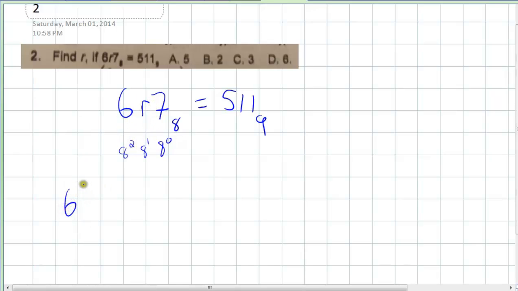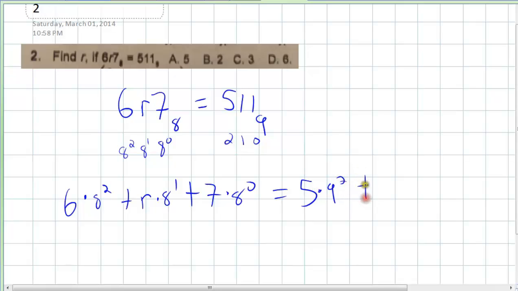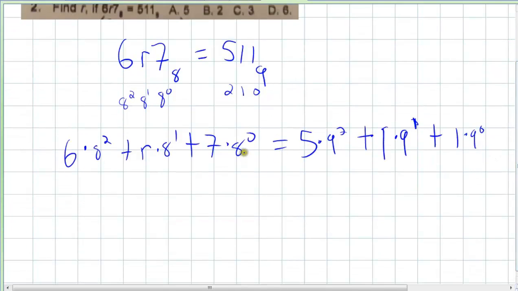So 6 times 8 squared plus R times 8 to the first plus 7 times 8 to the 0 is going to be equal to, and we're going to do the same thing on this side. Remember, the exponents go 0, 1, and 2. So it's going to be 5 times 9 squared plus 1 times 9 to the first, plus 1 times 9 to the 0 power. Okay, so anything to the 0 power is going to be 1.